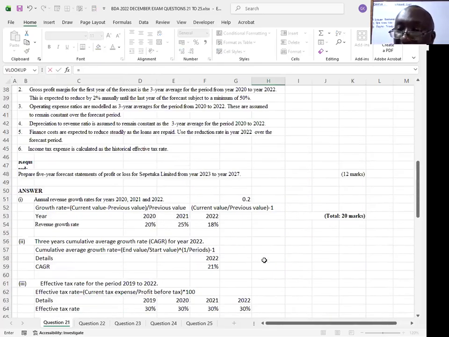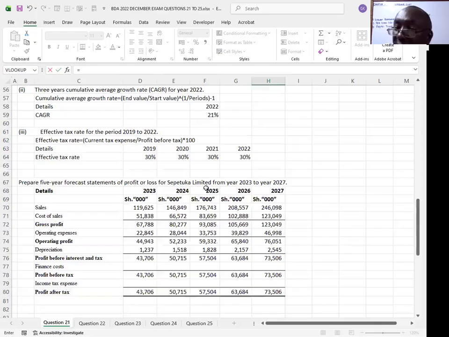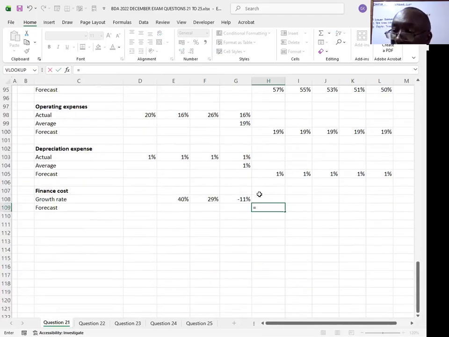Use the reduction rate in the year 2022 over the forecast period. So utasema ni equals to this, and then because it's going to remain constant, you put the dollar signs.